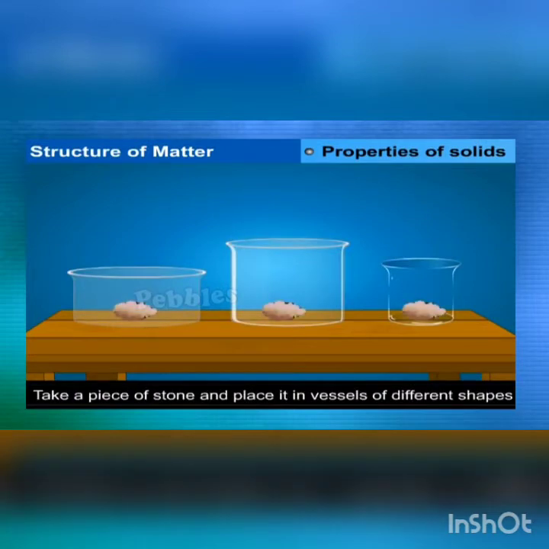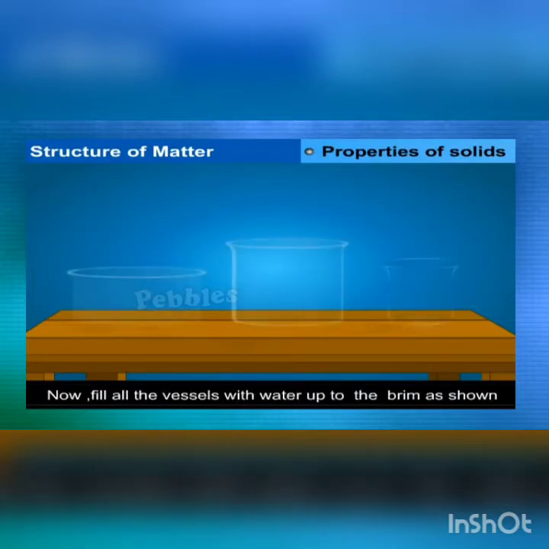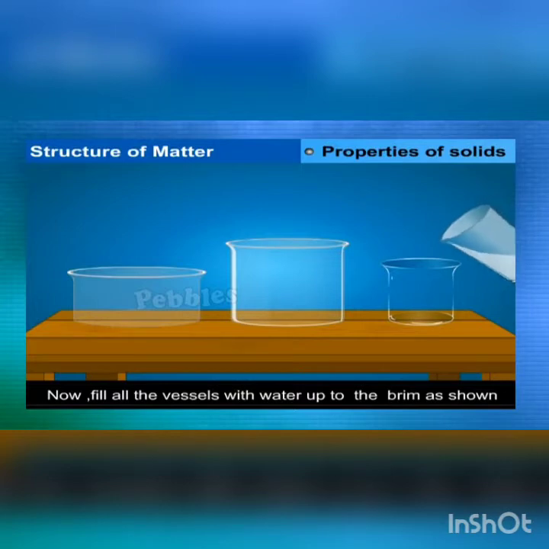Take a piece of stone and place it in vessels of different shapes as shown. We find that the stone does not change its shape. Its shape remains the same in all the three vessels. Therefore, a solid has a definite shape. Now, fill all the vessels with water up to the brim as shown.